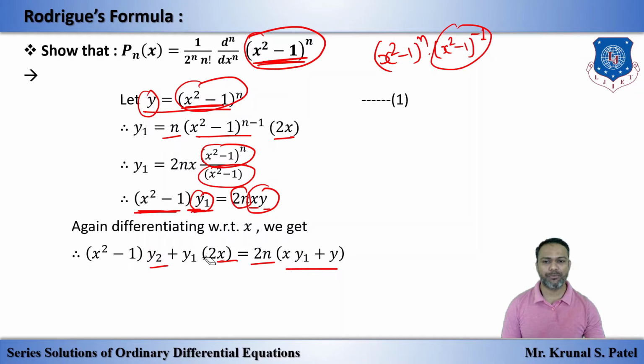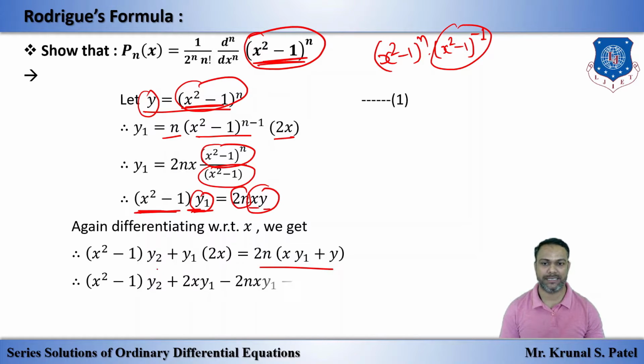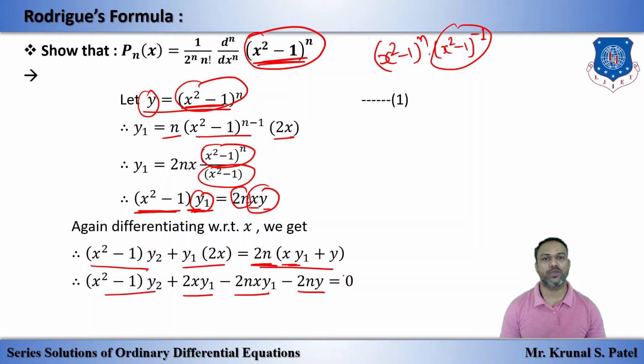Now by simplifying and taking these terms to the left hand side, we have (x square minus 1) y2 plus 2x y1 minus 2nx y1 minus 2ny equals 0.